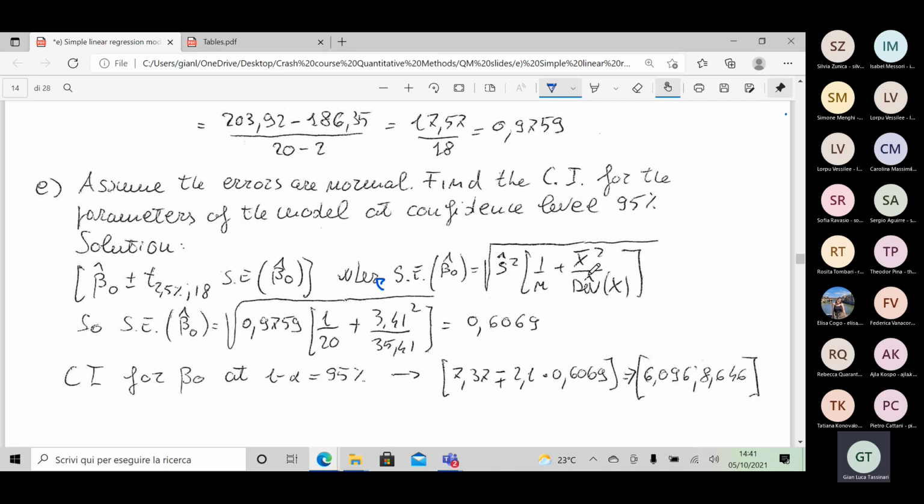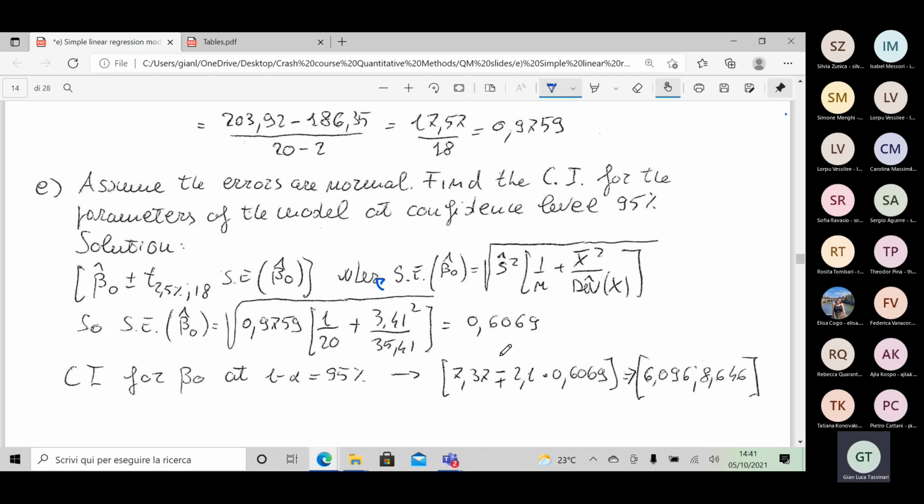So divided by 20, plus x bar: put your mean, we have it, it is the data provided by the text, raised to the power 2. We computed already the deviance of x, the sample deviance, so put it inside your number. This is the standard error of the estimator, which is a measure of the variability of the estimator around its mean.